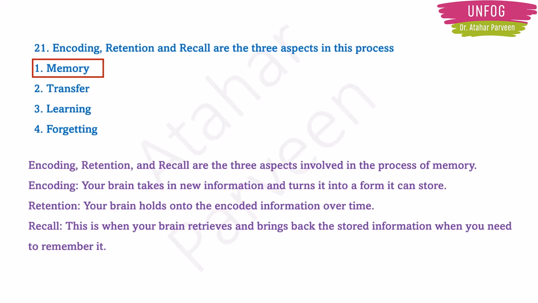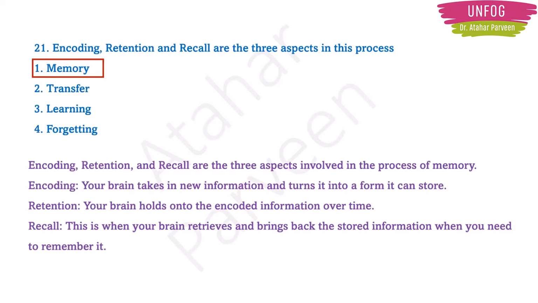That is encoding. That is what computers also do, right? We say decoding, encoding. In computers also we use this word very commonly. Next aspect of memory is retention. So in this process our brain holds on to the encoded information for some time. That is retention. Retention means staying back.